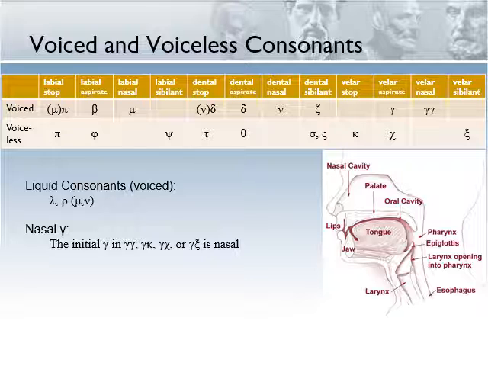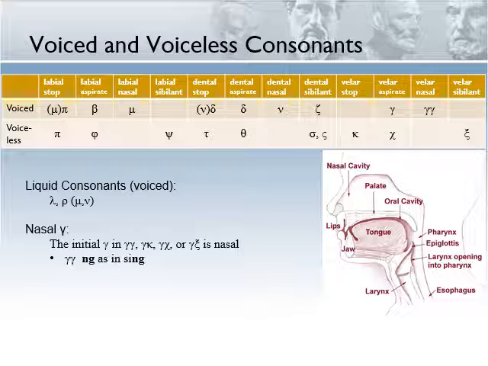Now we also have some nasal consonants, both consonants and consonant sounds. Here we want to talk about some of the combinations. When the letter gamma is combined with a second velar consonant, the first gamma will actually be pronounced as if it were ng, like ng in the word song, and then it will be followed by the second velar sound.